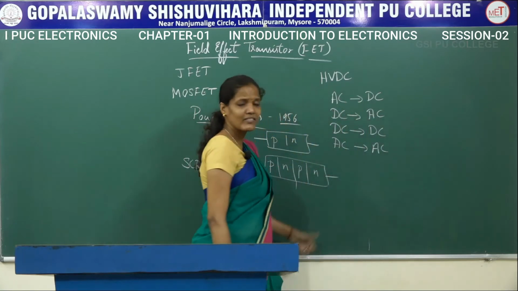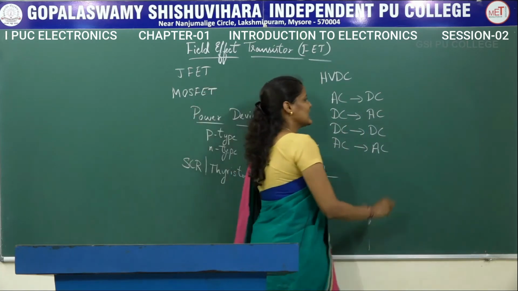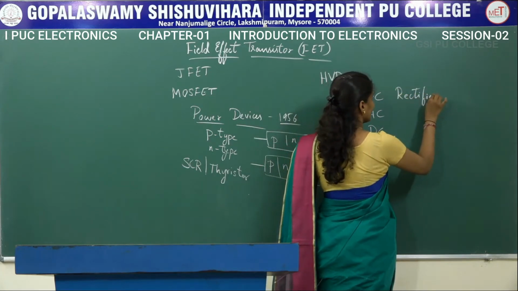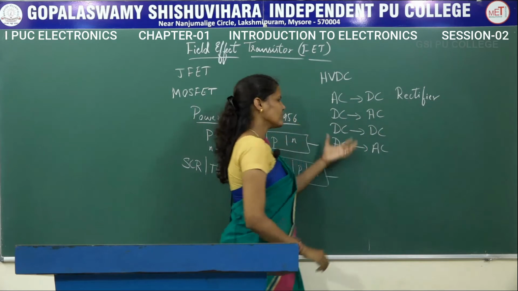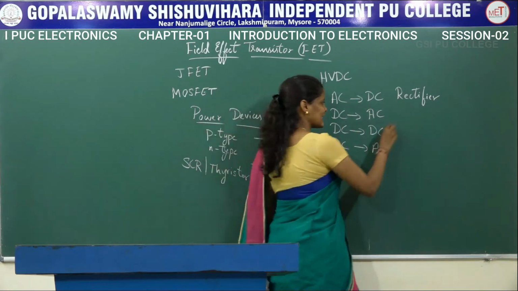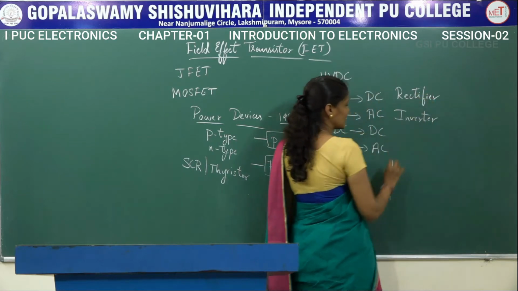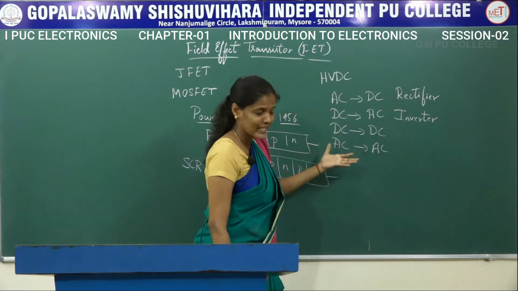The process of converting AC to DC signals is called rectification, and converting DC signal to AC signal is called inversion, where the inverter circuit is used to convert the given DC signal to AC signal.